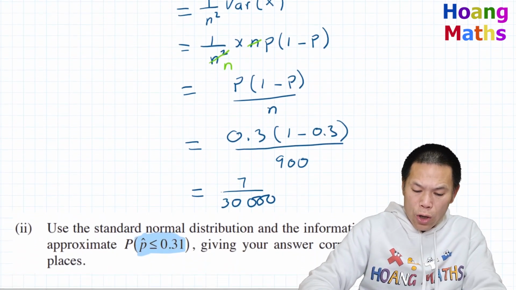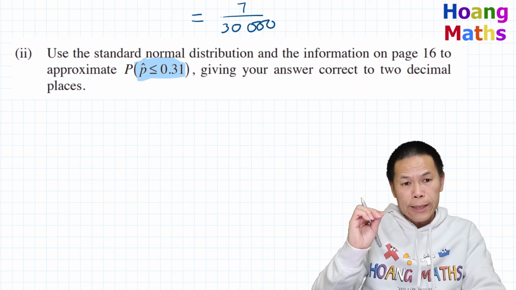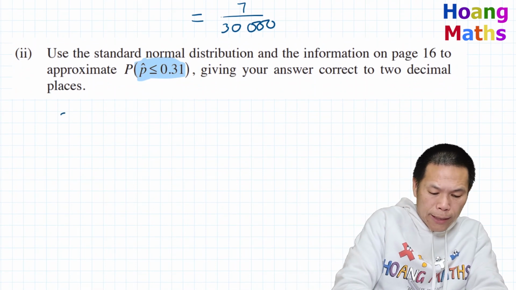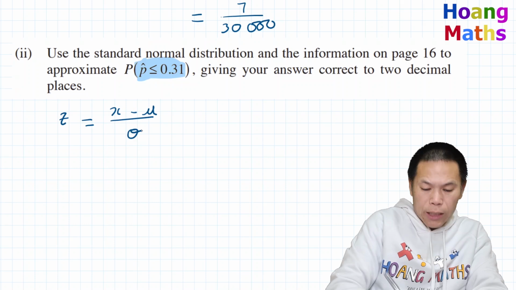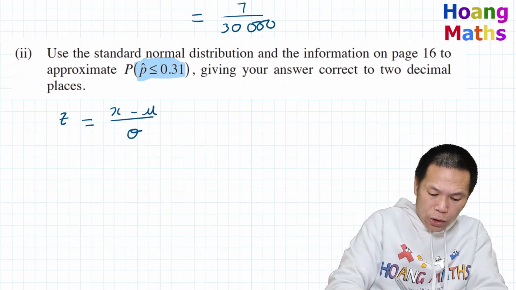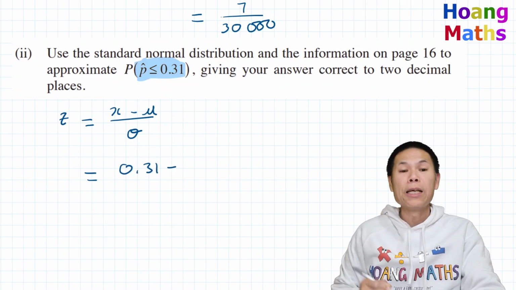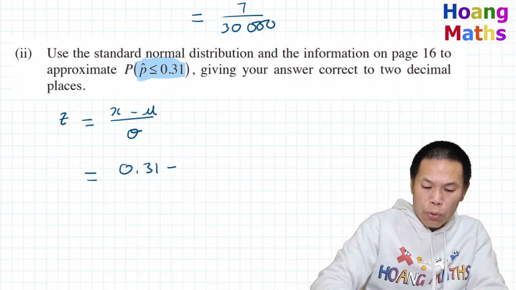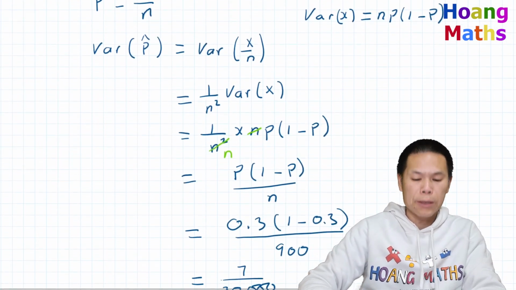Therefore, we need to convert 0.31 into a z-score first. We know that z is equal to x minus the mean over the standard deviation, and we already found the variance. So x is 0.31, we minus the mean. The mean is 0.3, given up here as 30%.